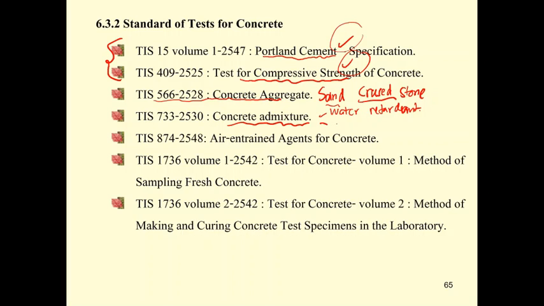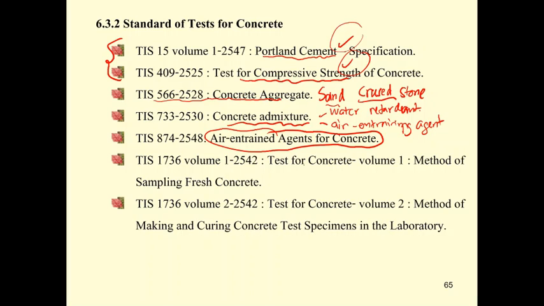Or you may have some kind of air entraining agent that is going to make the air in the concrete smaller. This is air entraining agent. It is important for making the concrete as compact as possible.